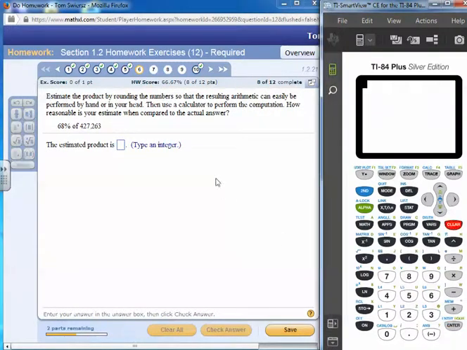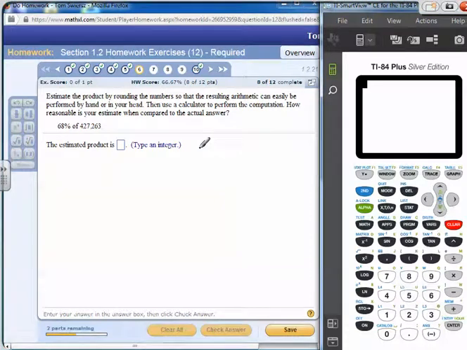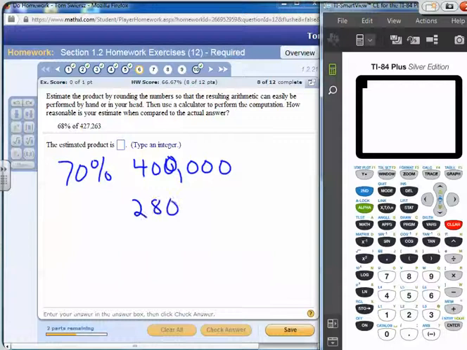68%. Estimate the product by rounding the numbers so that your resulting arithmetic can be performed by hand or in your head, and then use a calculator. All right, 68%, we'll round off to 70%. 427,263, let's just round to the nearest 100,000, 400,000. So 70% of 400,000: 70 times 4 is 28, so it's going to be 280,000.